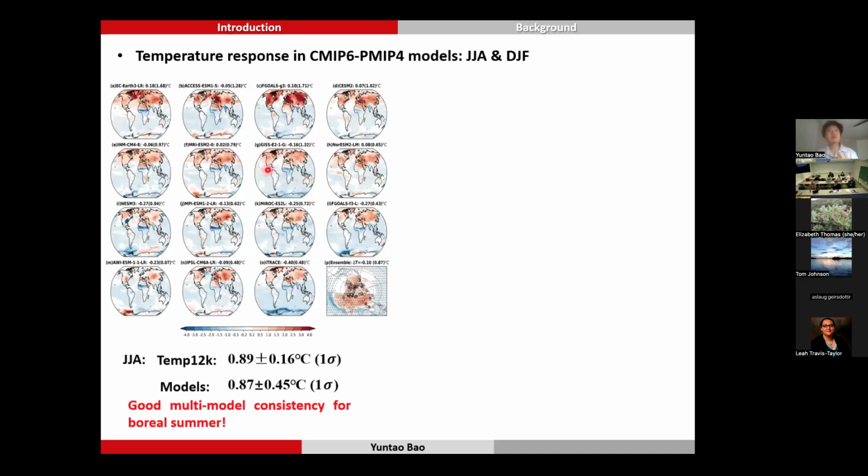And we can also divide this into different seasons. For example, for JJA, we can still do the same thing. In JJA, the reference Temp12K dataset produces a very significant warming in the mid-Holocene, 0.9 warming, but their uncertainty is only 0.16.